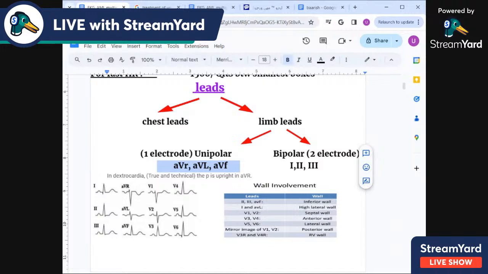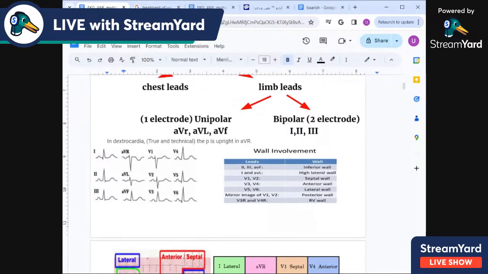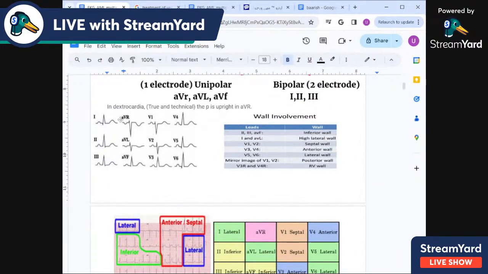And the bipolar leads, which contain two electrodes, are lead 1, lead 2, and lead 3. So these are the six limb leads, three unipolar and three bipolar. Whereas we have the chest leads also, six chest leads, V1, 2, 3, 4, 5, 6.